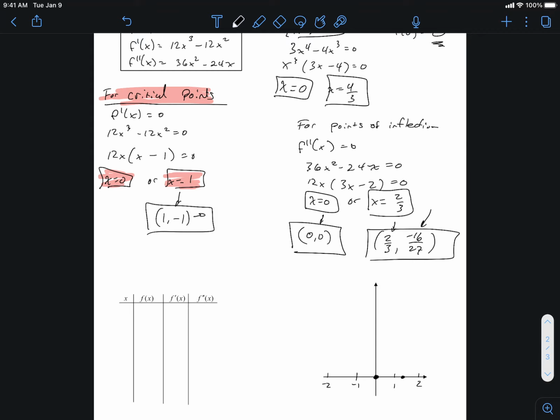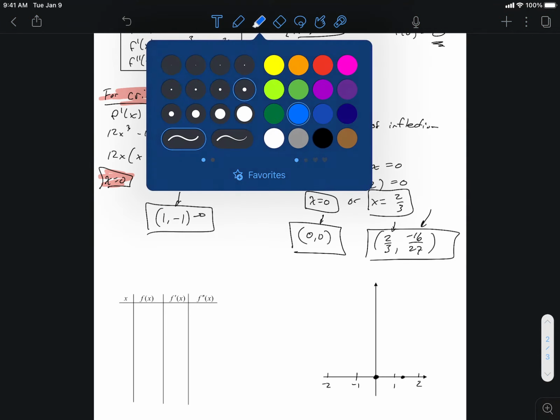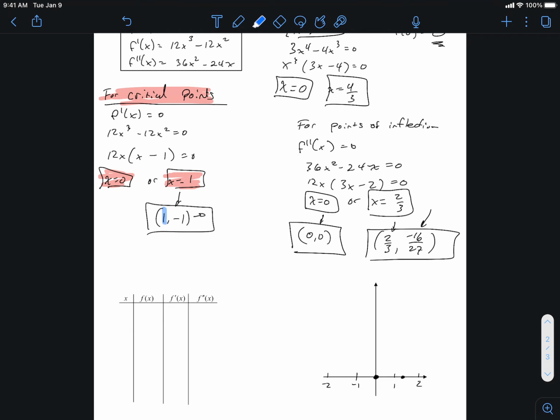That's determined based on what's going on around it. We have important values: the 0 is an important value, the 2/3 is an important value, and 1 is an important value. What we want to do is check the behavior of the graph around those values.